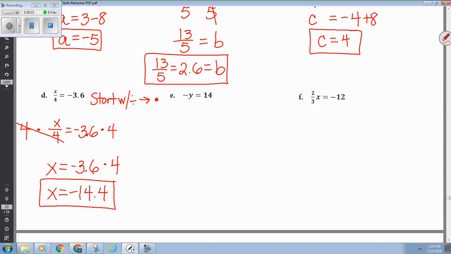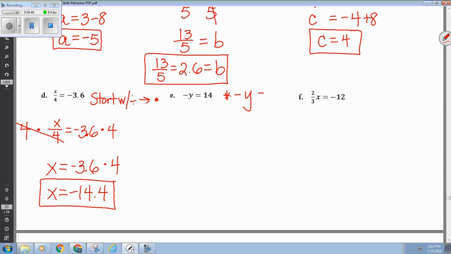As I mentioned, there's a couple special cases that we're going to look at. First special case is when you have a negative and a variable. Keep in mind here that negative y, if there's no number in front of a variable, is understood to be 1.